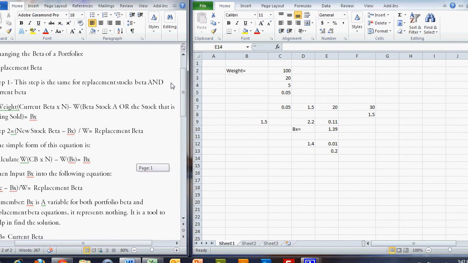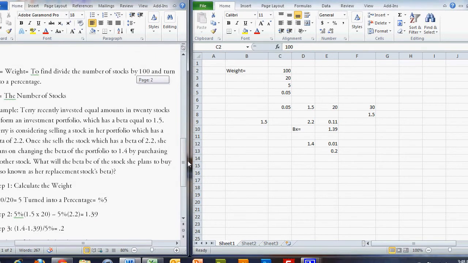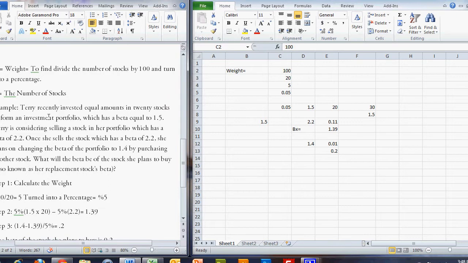So the first step here, you take your weight. So we've got to find our weight. It's 100, that whole number right there, and then you have 20, which is your number of stocks, because Terry recently invested equal amounts in 20 stocks to form an investment portfolio.